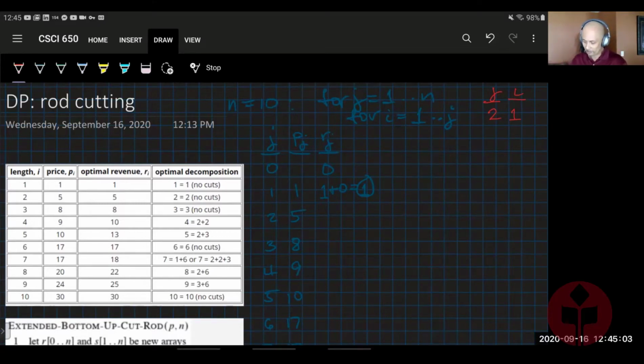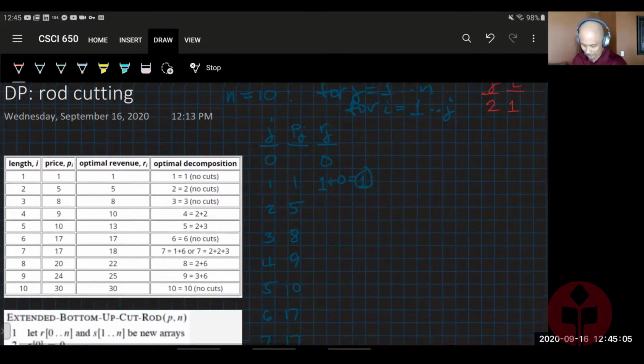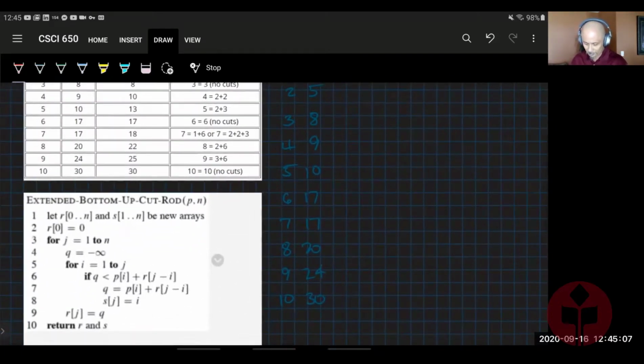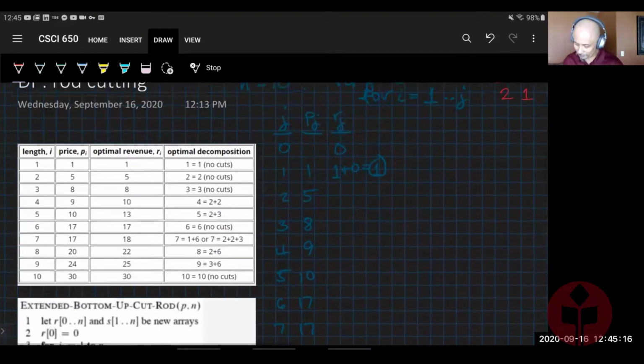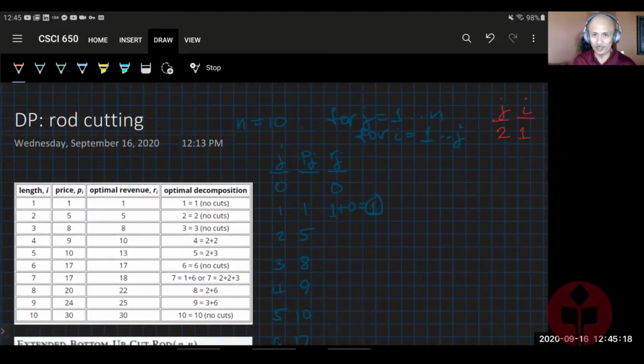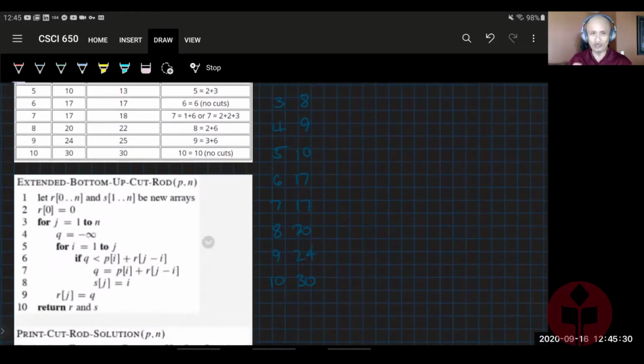So let's take a look at what happens. When j is 2 and i is 1, i determines the price value. If you'll notice, we always start with price 1 because the for loop for i always starts with 1. So that's our hint. Our p values start at row 1 and go down. Our r values always start at index j minus i.